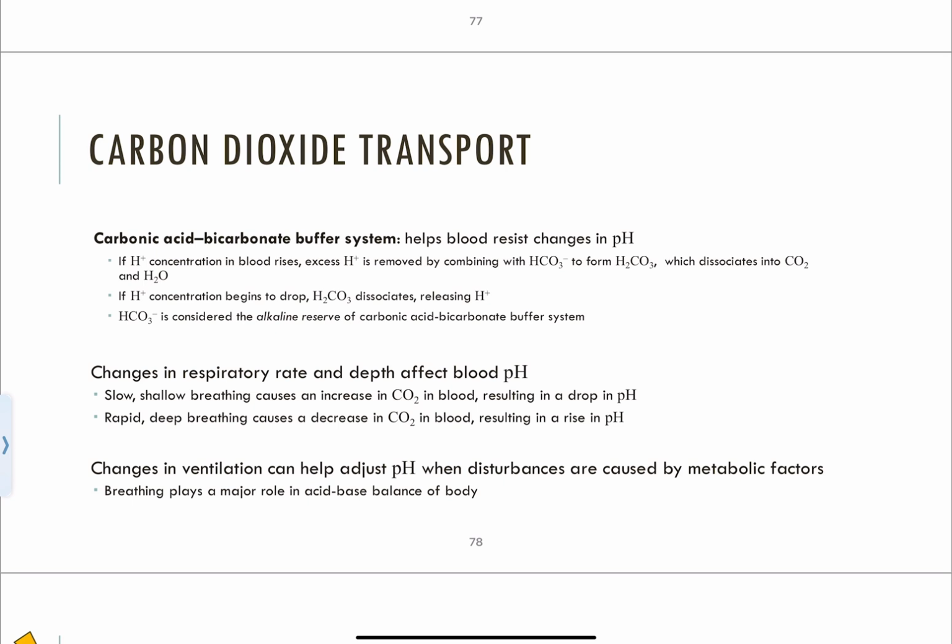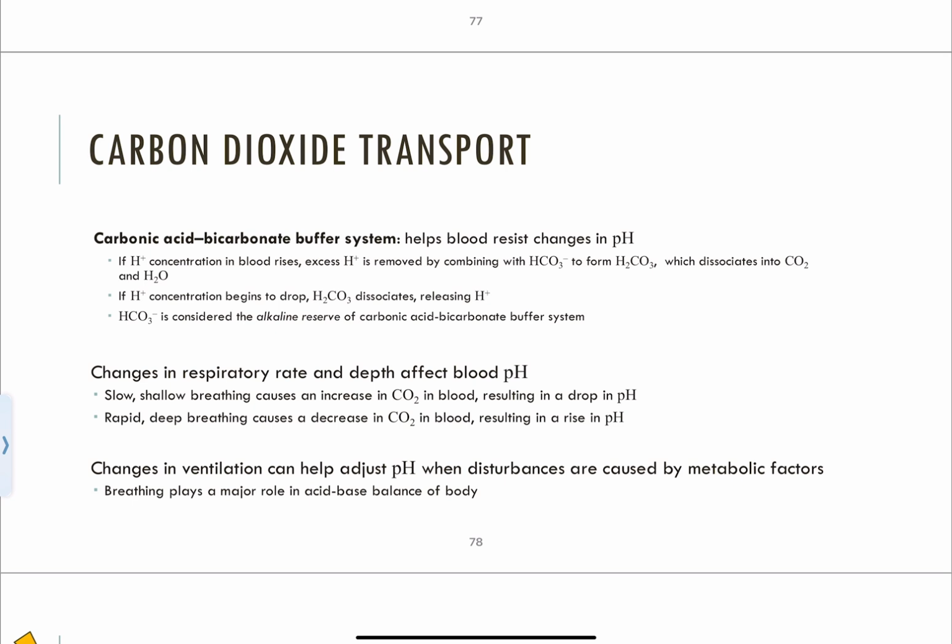Our blood pH needs to be about 7.4 and has to maintain a very narrow range around that, about 7.35 to 7.45. If we go outside of that pH range, bad things happen. So we have to have a buffer in our blood to make sure we can maintain that pH.